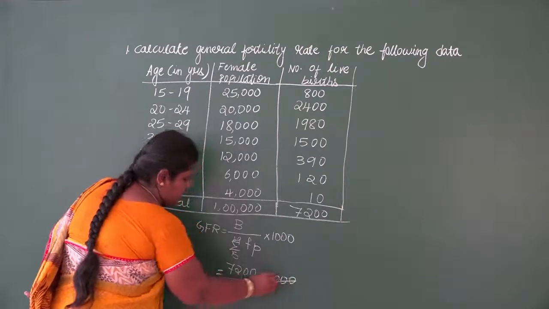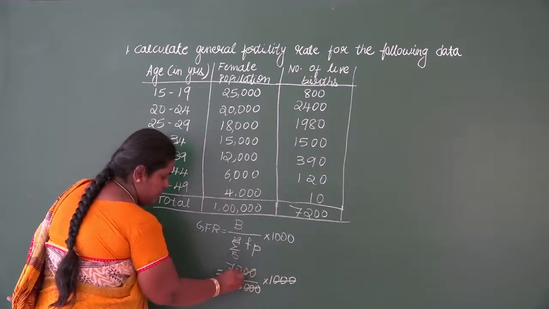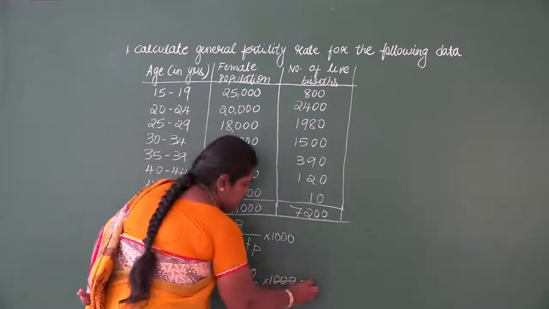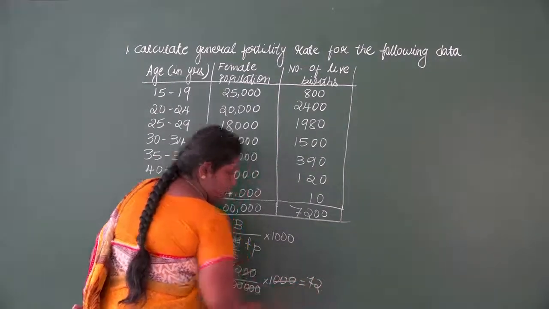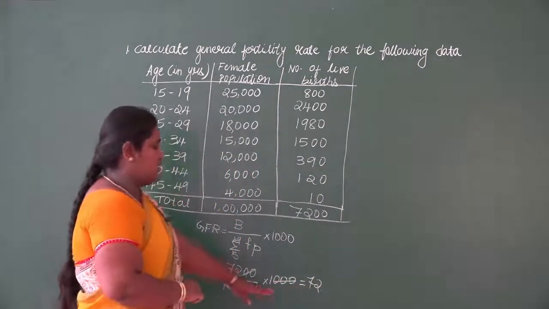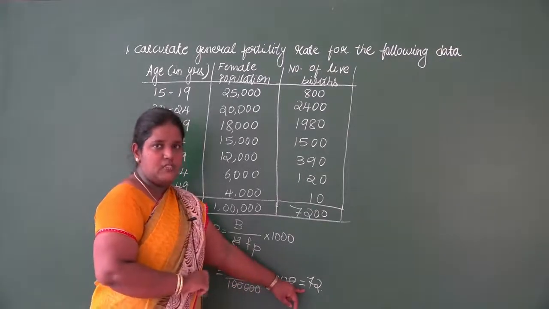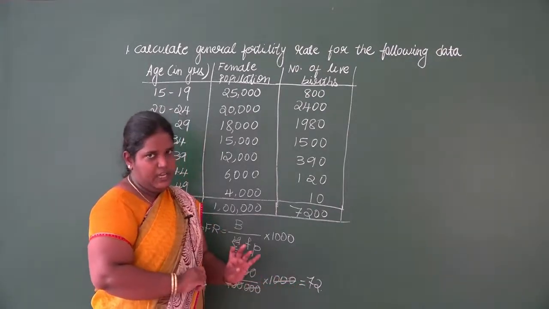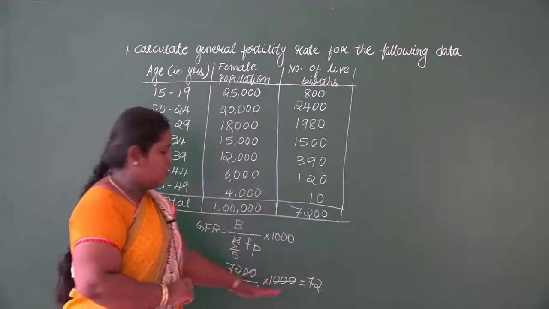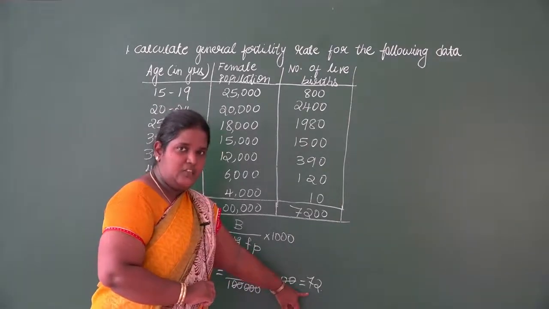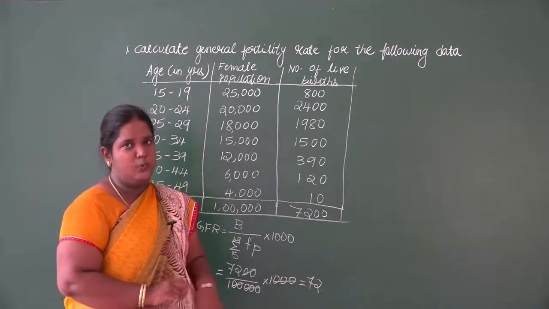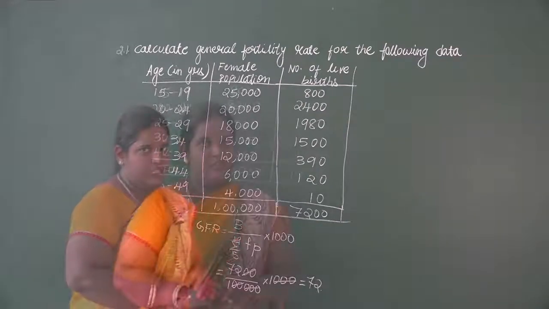You can cancel the zeros and you are left with 72. So 72 is the answer. It is 72 births per 1000 women of childbearing age. That is, for every 1000 women of childbearing age, 72 births occur. That is what it means.